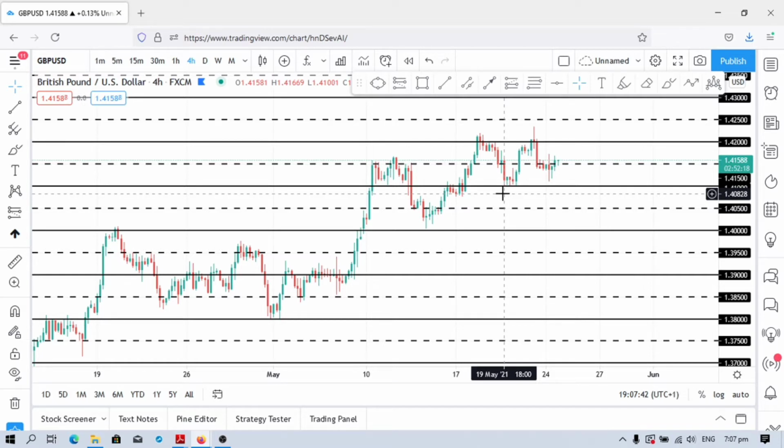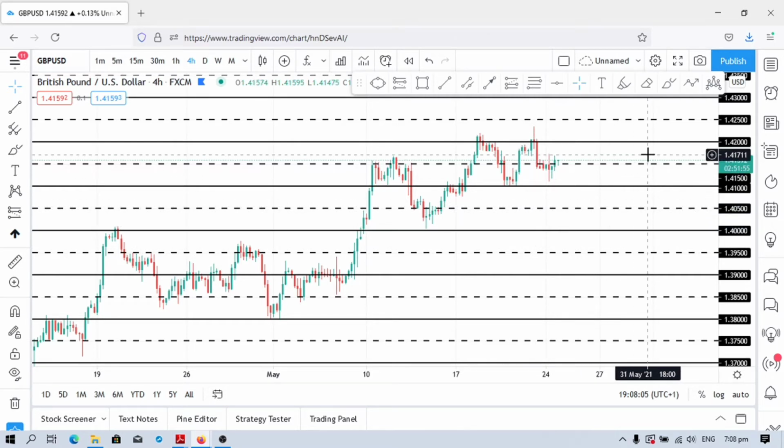Now, trading these psychological levels is not 100% perfect. There are some advantages and disadvantages of using them. One advantage is that it serves as a key level of support and resistance, as I described earlier. Another advantage is that it is easy to identify for novice traders.